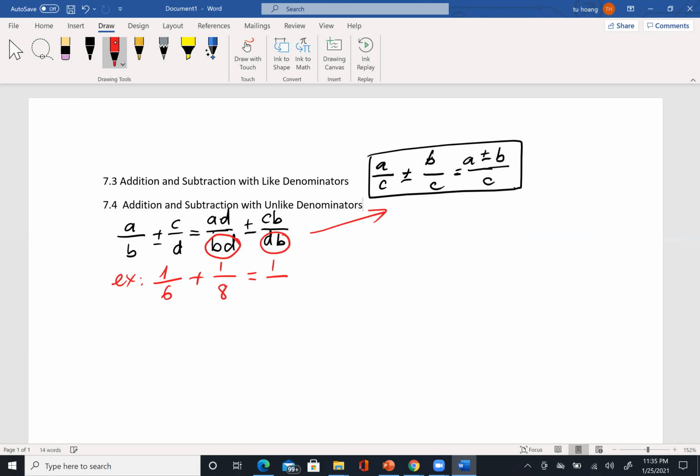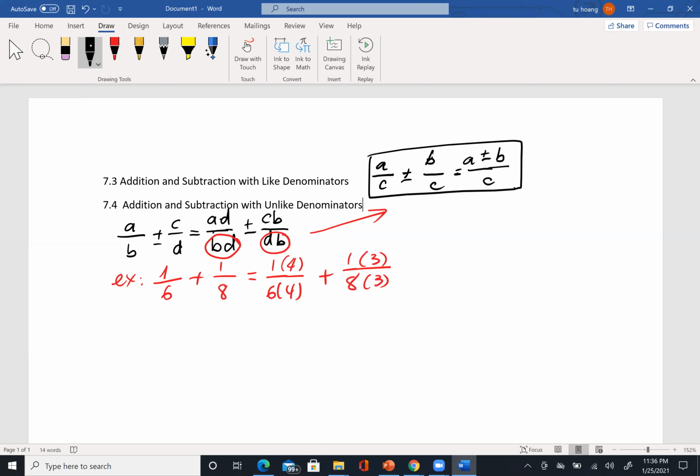If I multiply top and bottom of the first term by 4, so 6 times 4, and the second term by 3, both top and bottom. Remember that when I multiply like this, the value of the term stays the same, because 4 divided by 4 is equal to 1, and 3 divided by 3 is still equal to 1, and 1 multiplied by the fraction stays the same, right?